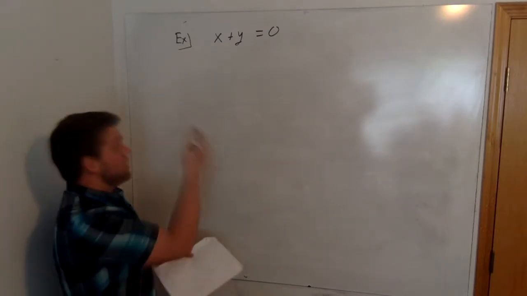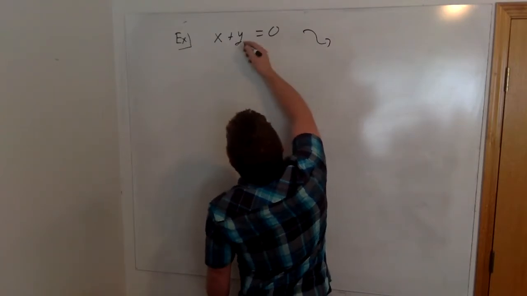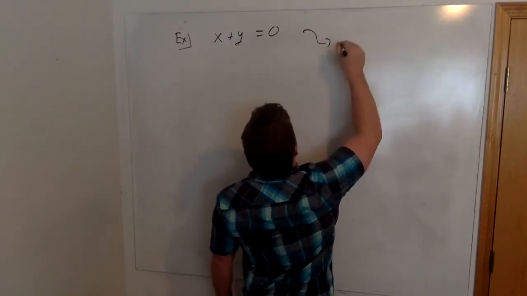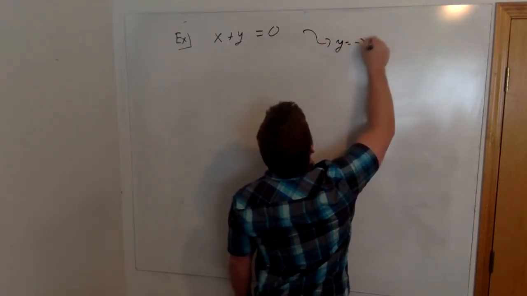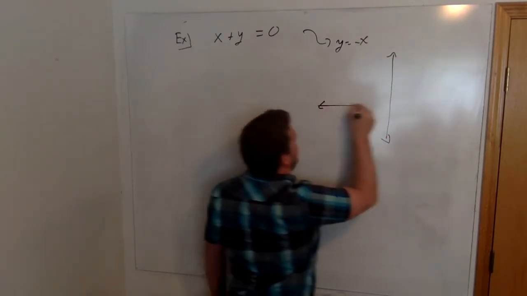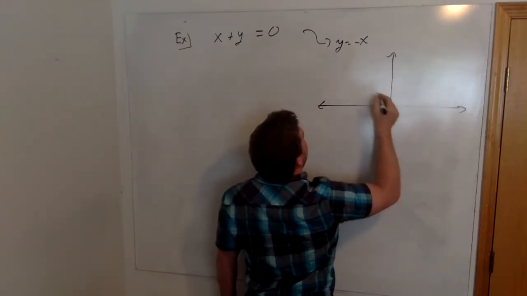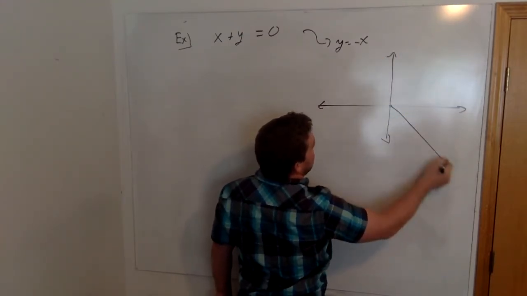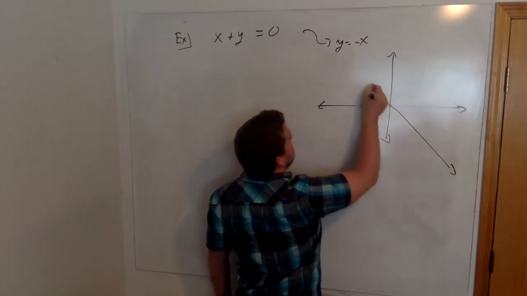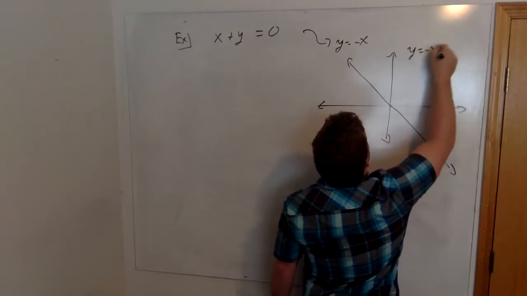In rectangular coordinates, we could rewrite this a little bit differently. If we solve for y, y would be equal to negative x. I hope you know that this is a line. It has a y-intercept of 0, and it has a slope of negative 1. So this is the equation y equals negative x.